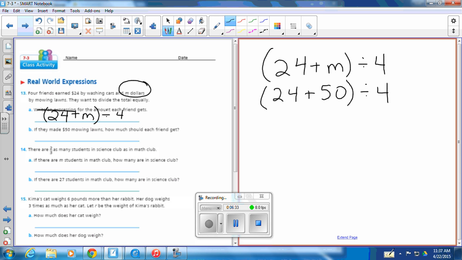Now I can evaluate this expression. 24 plus 50. You can either do it vertically or horizontally. Either one works best for you. $74 divided by 4, so then I need to work that out.